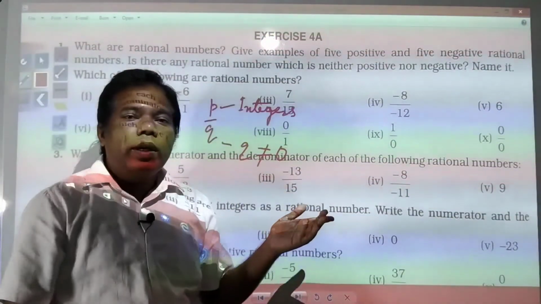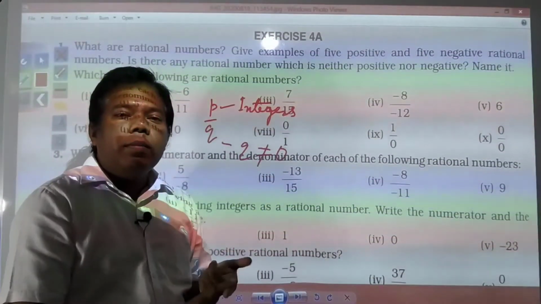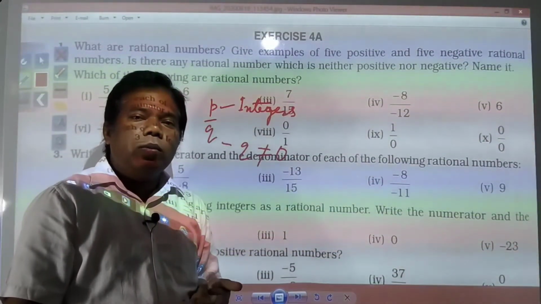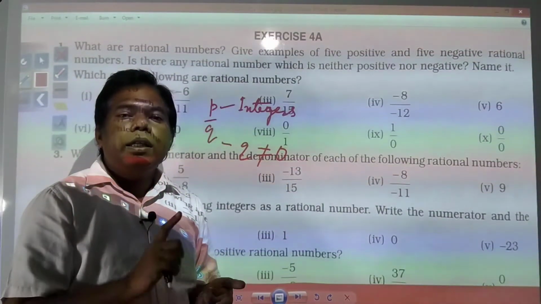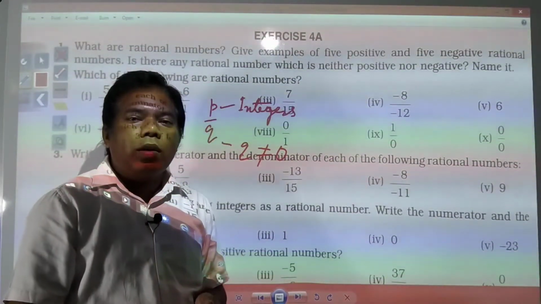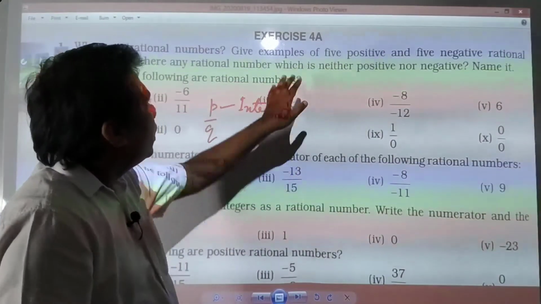So how will you write? Again you see, a number which can be expressed in the form of p by q, where p and q are integers and q must not be equal to 0, then those types of numbers are called rational numbers.